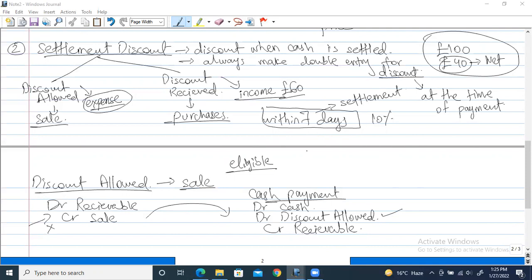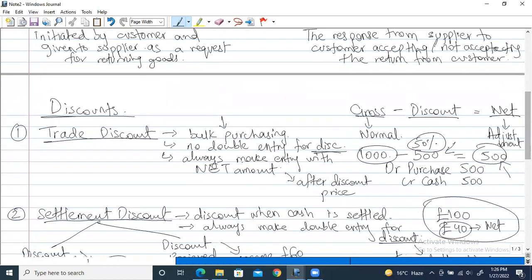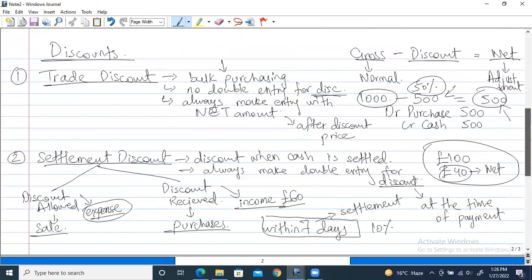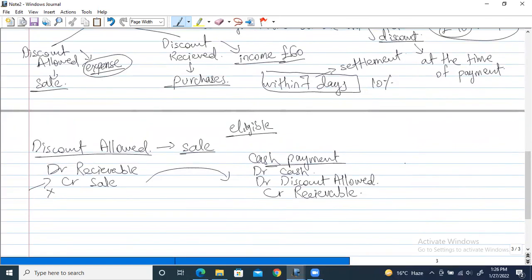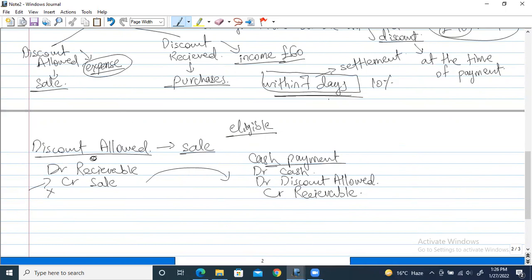Okay. So basically what happened is that I told you these three words, right? Gross, discount, and net. Now I'm connecting these three words to the example that I told you about. Now what we do in cash is we have to think logically. It's very easy to understand. When we made the sale to the customer, at the point where I made this dot, we did not know whether the customer would pay, for example, within 7 days or not, right?